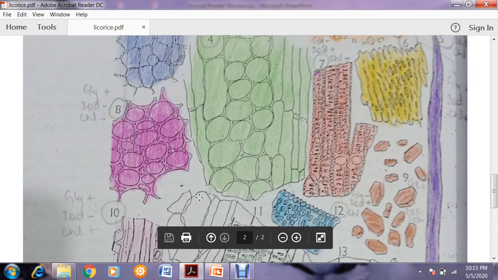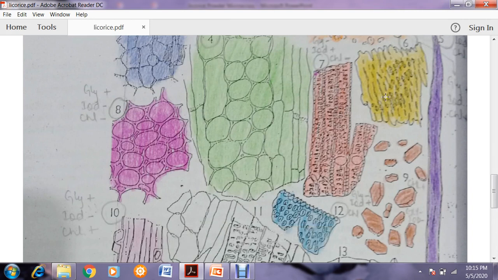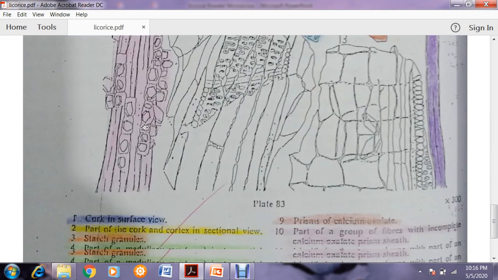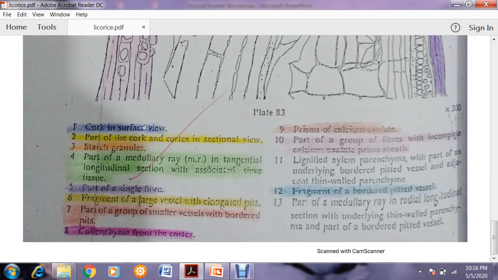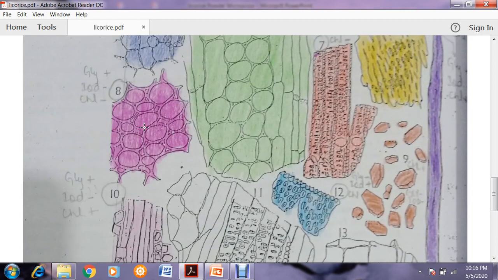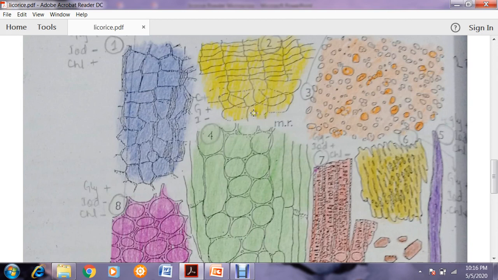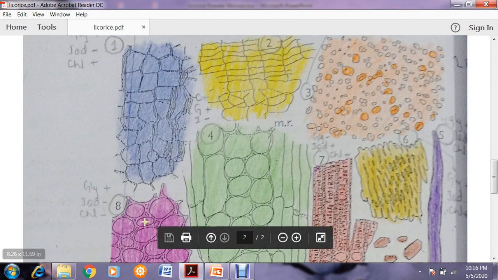This is smaller vessels with broader pit, and this is also the large vessel. Now number 8, what is this in purple color? Collenchyma from the cortex. Okay, these are the cortex cells. Here it is also present in number 2, cork beneath the cortex. This is also the cortex.